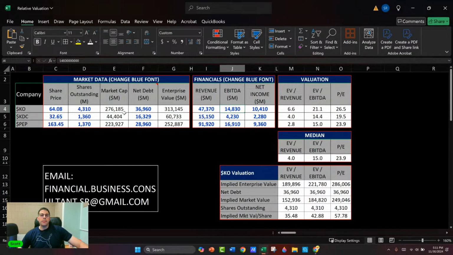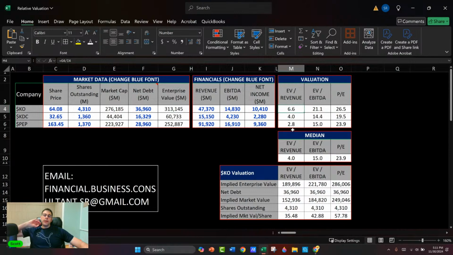Just because it's cheaper doesn't mean it's a better investment. It could be, or Dr Pepper could be really overvalued. You don't know. So that's the point of this. We get all these inputs: revenue, EBITDA, net income, share price, shares outstanding, and net debt for all the companies.